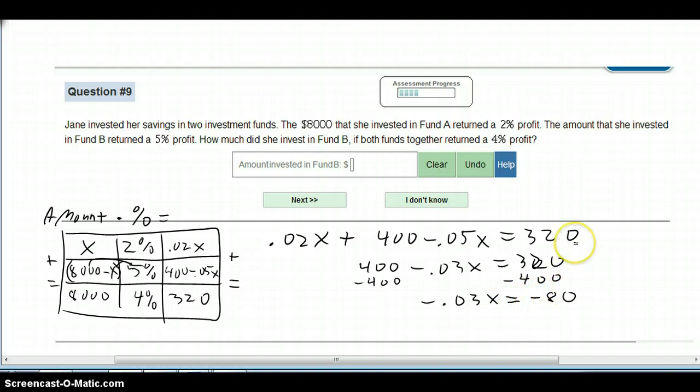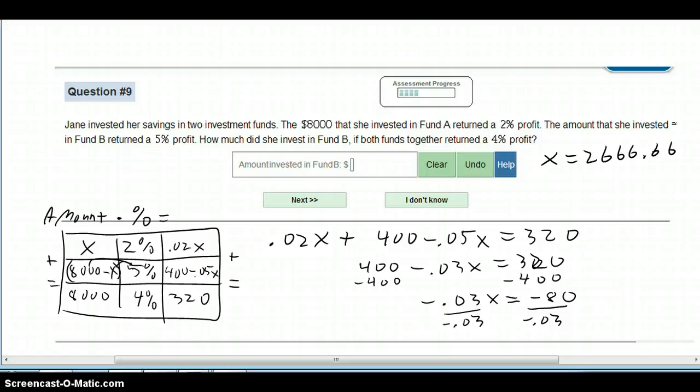And if we divide negative 80 by negative 0.03, we're going to get 2,666. So how much is in the first one would be x equals $2,666.66. And we know the rest is going to be in the other bank.